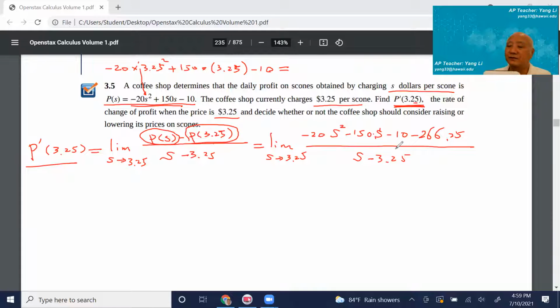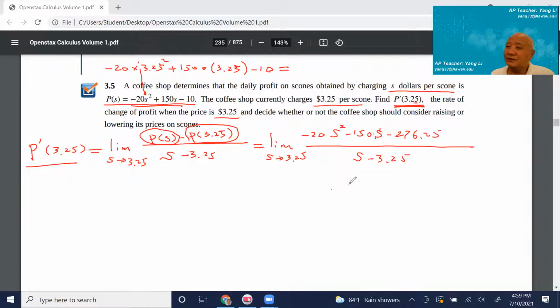So you got this one and you can use the calculator, negative 10 minus 266.25. This part I just simplify easier. So when you do the subtraction, you can get negative 276.25. All right, we got this now.